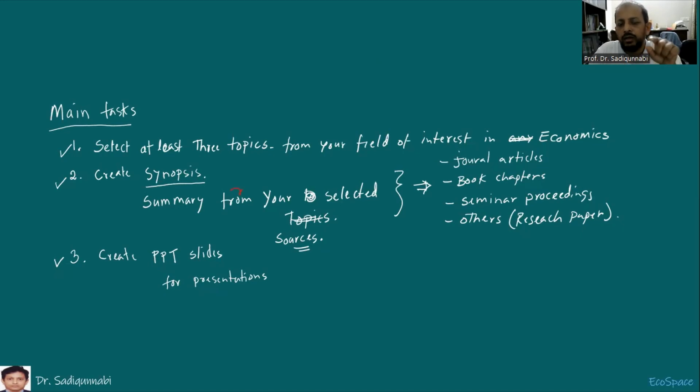And in this class, we are going from 1 to 3. So first, select your topic, and then you create a synopsis from the selected sources. Sources may be from journal articles, maybe from book chapters, maybe seminar proceedings, maybe other research papers.